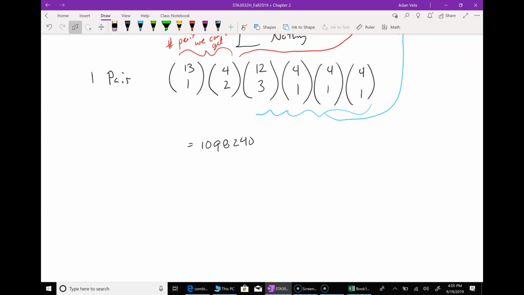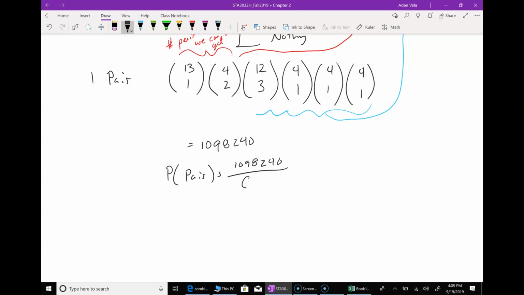So if we want to know the probability of getting a pair, it's this big number divided by the total number of ways that we can choose 5 cards.